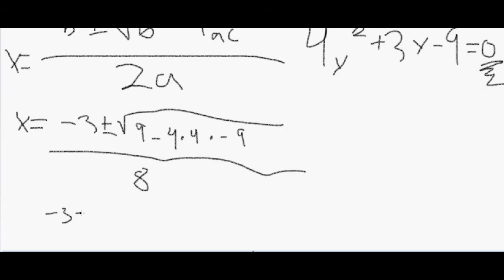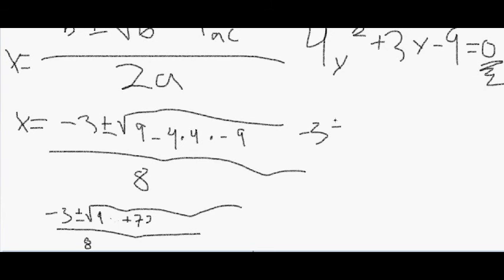Alright, so then we're left with negative 3 plus minus the square root of, well, 4 times 4 is 8, 8 times 9 is negative 72, so you have 9 minus 72, which becomes a plus, because they're both going to be negative, and I'm skipping the steps in my head, but I'm sure you can follow along. Over 8.